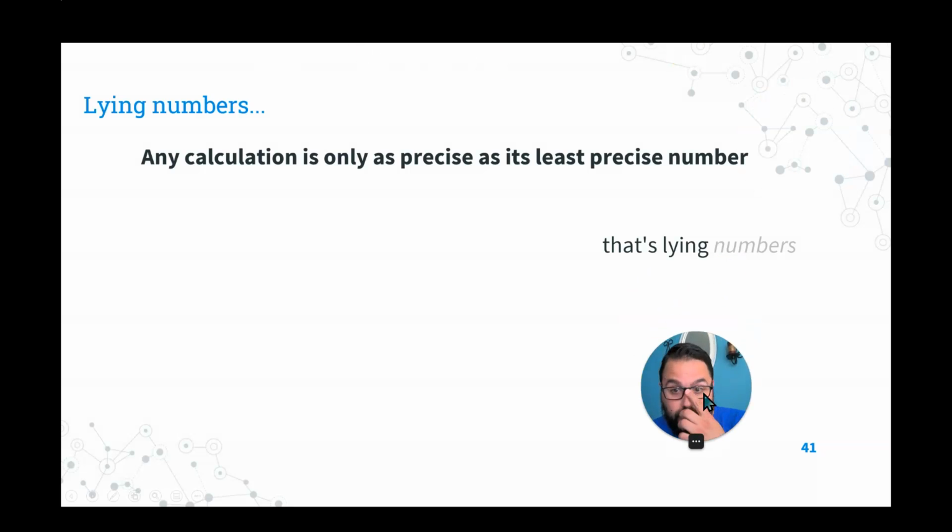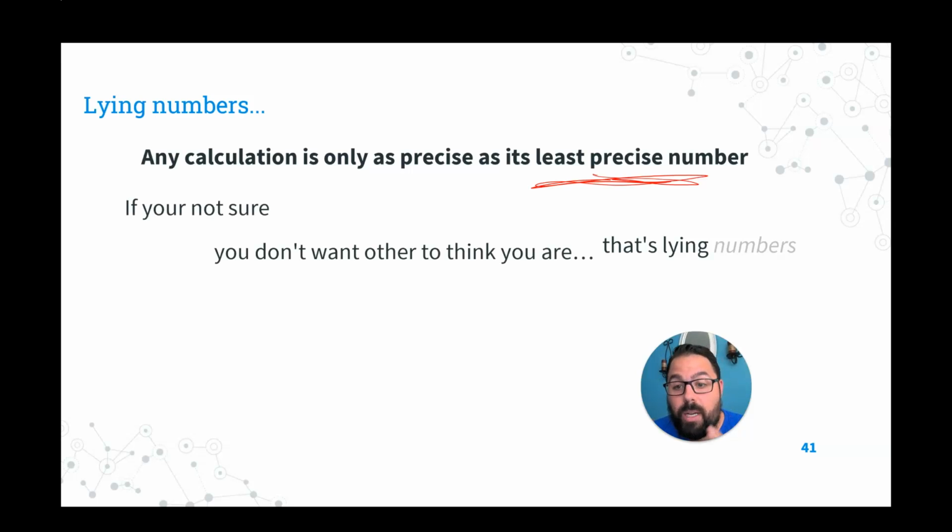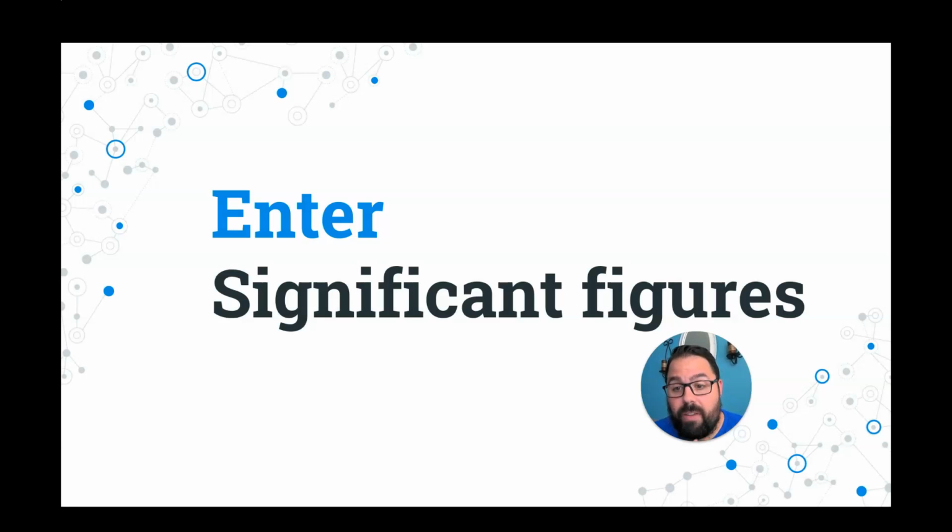Your calculations are only as precise as your worst measurement. When you do any kind of calculation, you want to make sure the answer you give is only as precise as your worst number. If you give anything beyond that, even though you have all these numbers and they feel like they're real, you're lying. Those are lying numbers. If you're not sure, why would you want anyone else to think you are? And this is the job of significant figures.